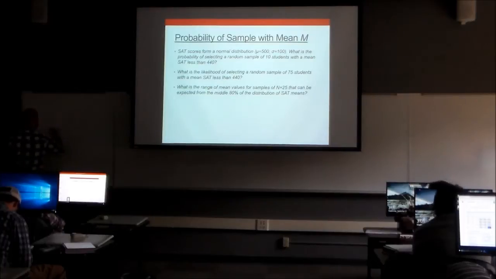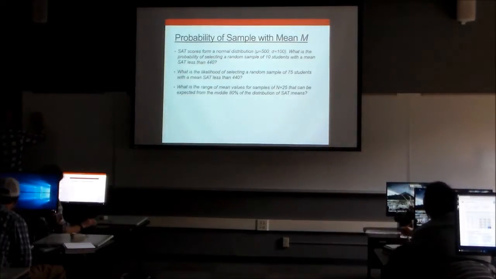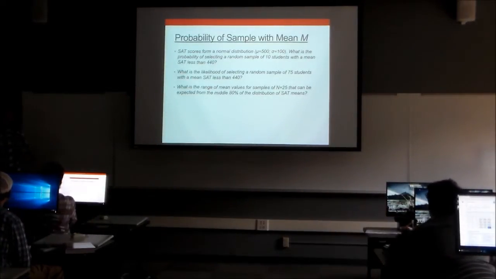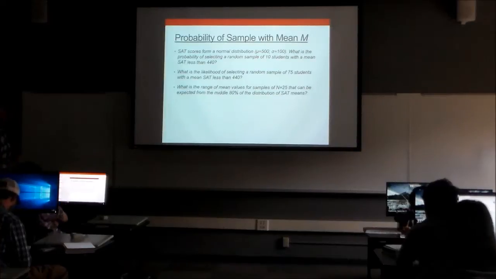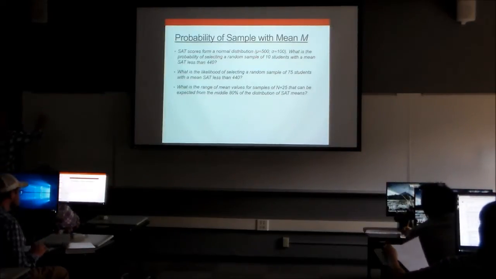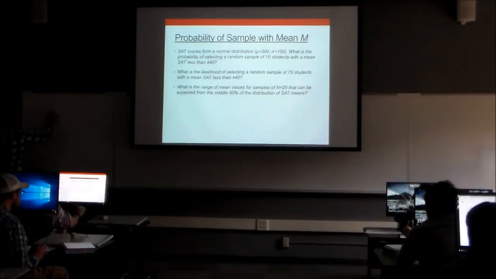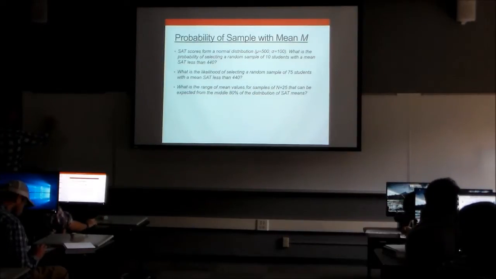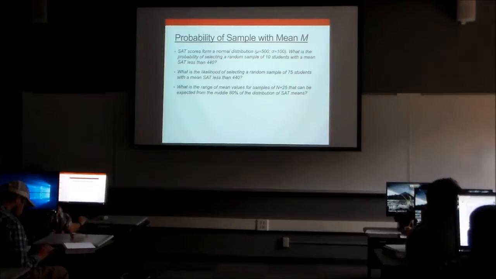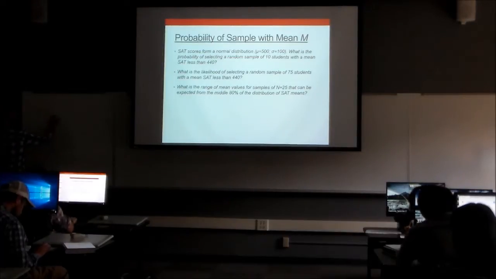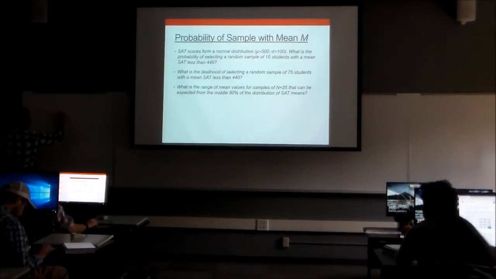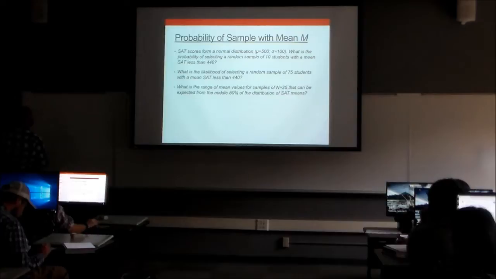So the first thing we need to do is calculate our standard error. We know that standard error is our population standard deviation over the square root of our sample size. In this first one, we've got a sample of 10. This math all works out quite nicely to give us a standard error of, oh no, it doesn't, the square root of 10 is not an easy number.